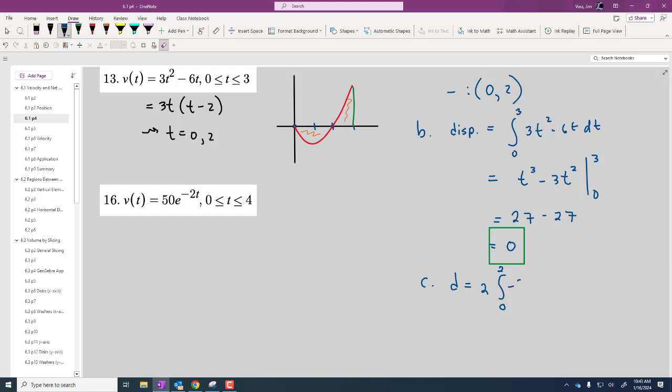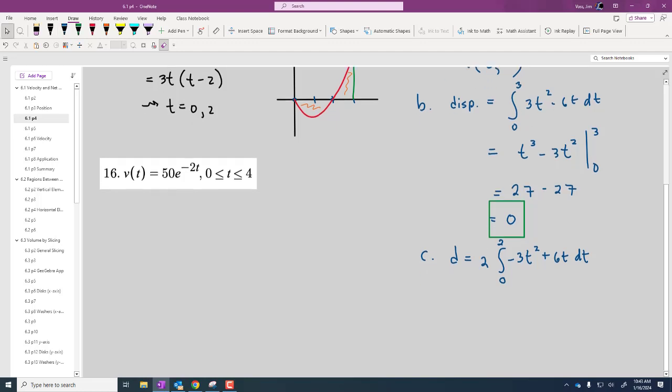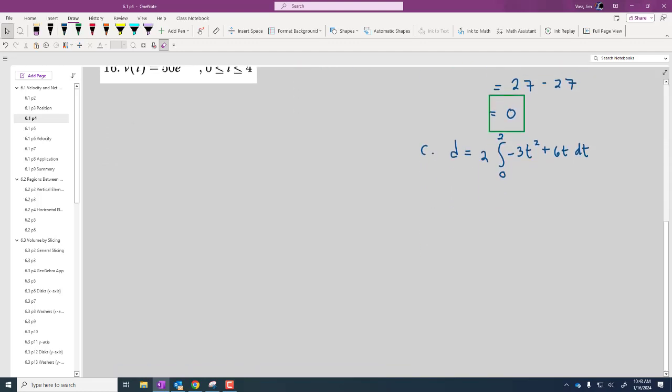So this is integrating -3t squared plus 6t dt. That would be one way. You could also do 2 times the integral from 2 to 3 of the function, not multiplying by -1, because the velocity is positive between 2 and 3. So let's just do the math here.